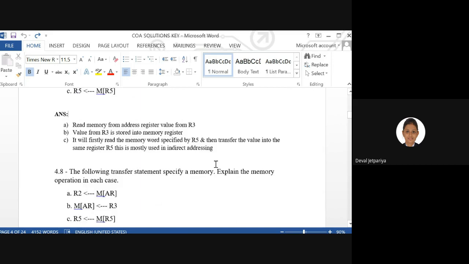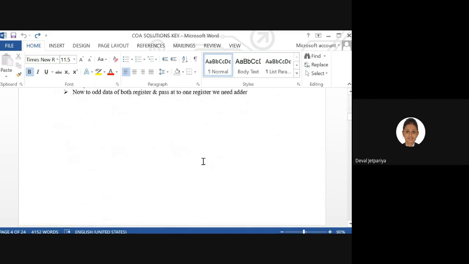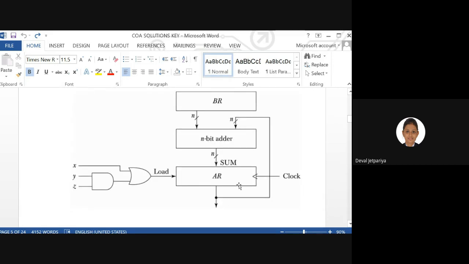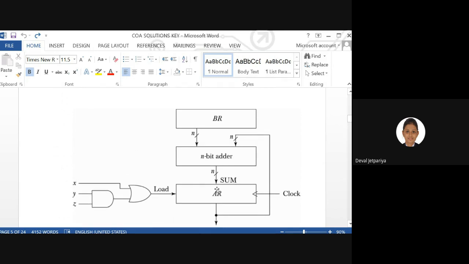Let's verify question number 3. Very easy and simple. I guess there is no explanation required.